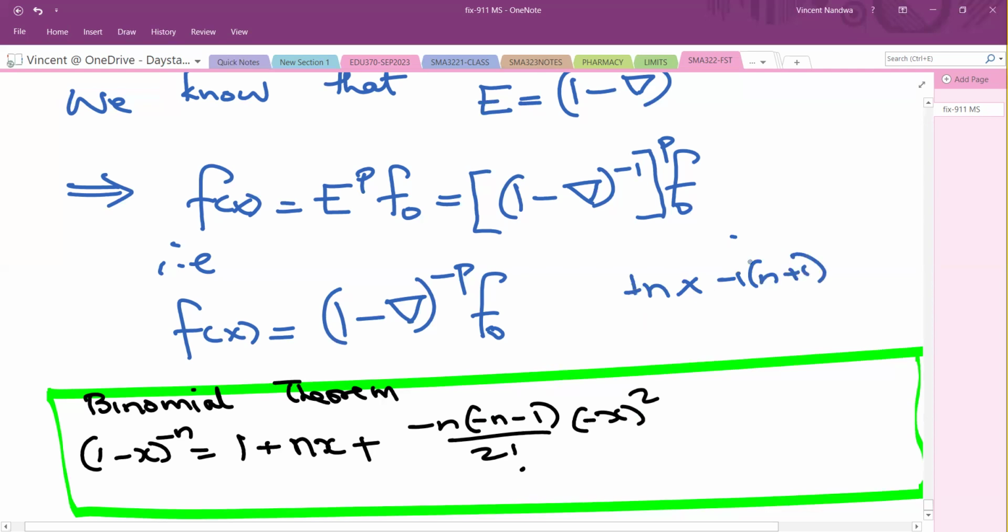So this negative and this negative 1 cancel out. So I just have n into n plus 1, over 2 factorial.